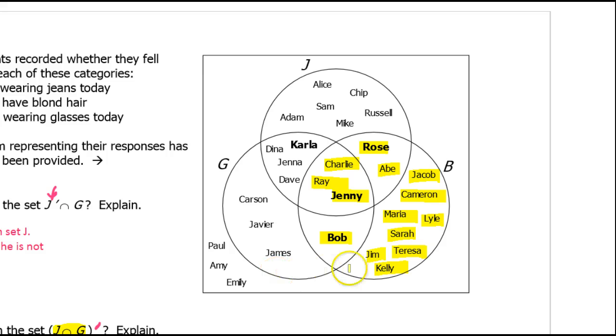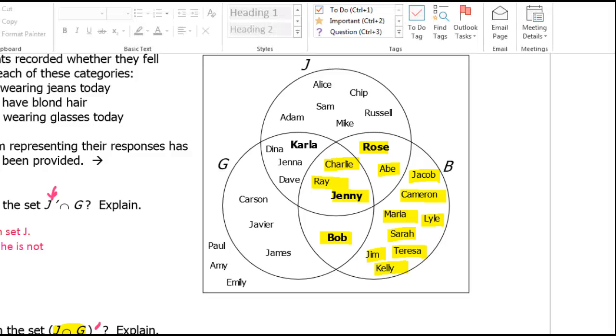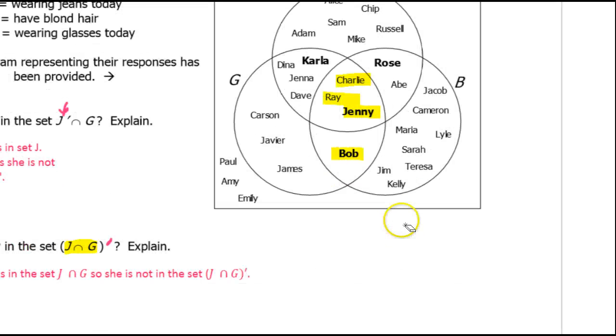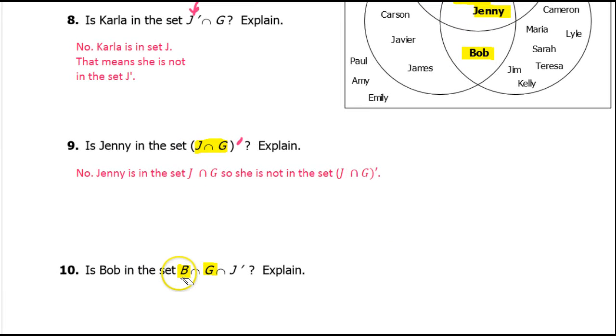So you see circle G over here, and that includes these names right here in the middle. That means that all of these names that are outside of circle G have to be erased from the list. Okay, so see how this is the overlap between set G and set B. So far I have B and G.